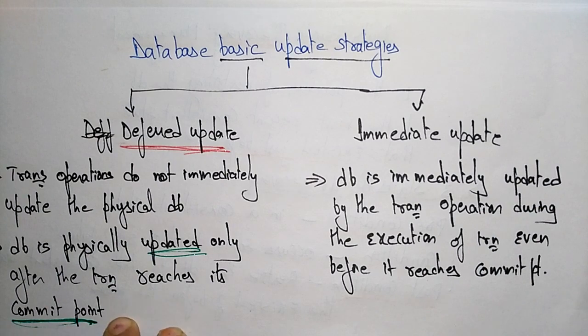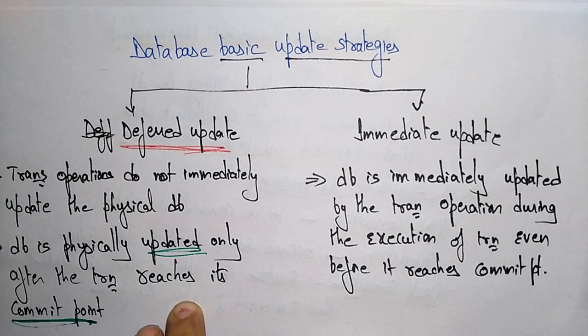Whereas in deferred update, until you save the file, it won't save the data in your database. It is just like Microsoft Word without an automatic save option: whenever you save the file, only then it saves the content.